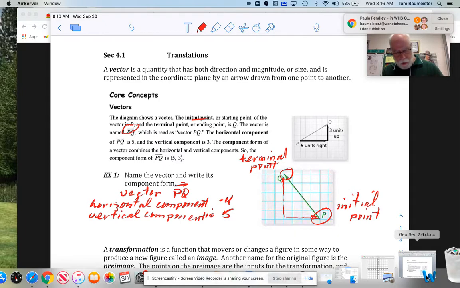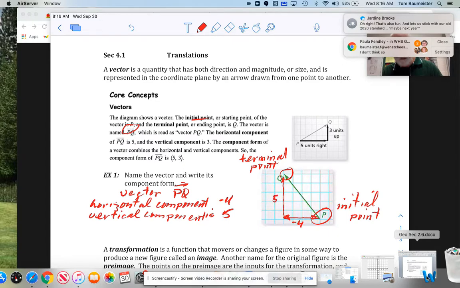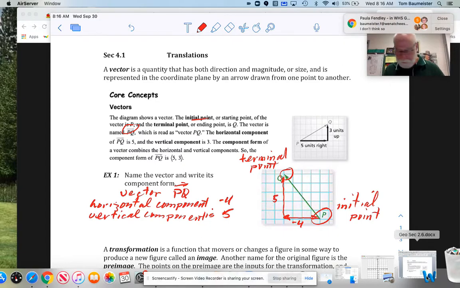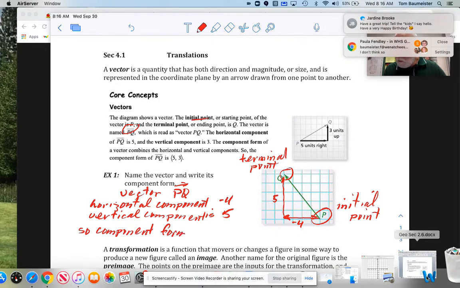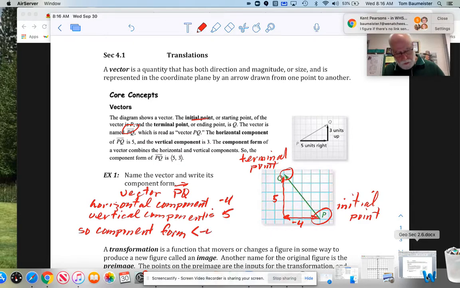Okay, and remember I went left, right? So that's why it's negative. Then I went positive up to it. Okay, so our component form is <-4, 5>.